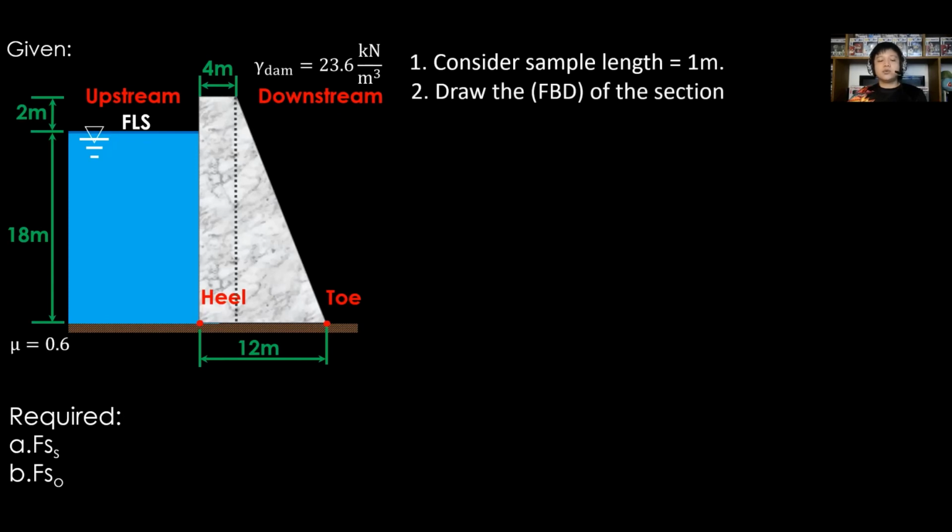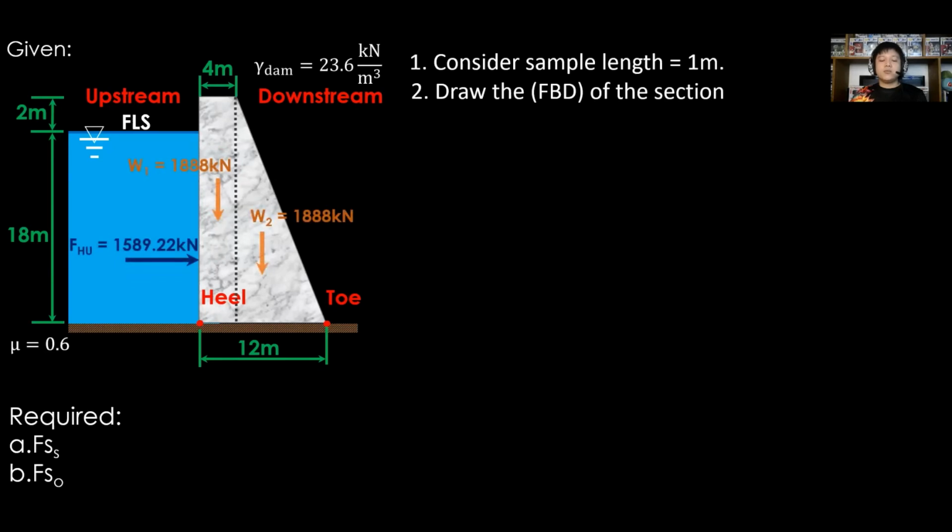Divide the dam to two simpler shapes and assign the weights, W1 and W2. For hydrostatic force, consider the projected surface. The values of W1, W2, and FHU are same as the forces identified earlier with problem number 1.